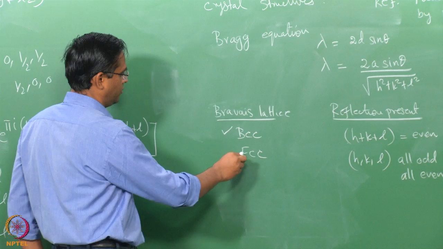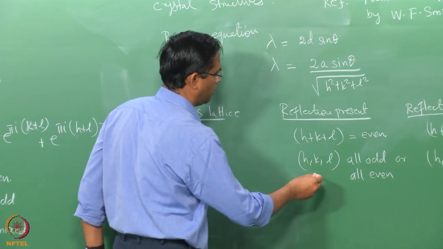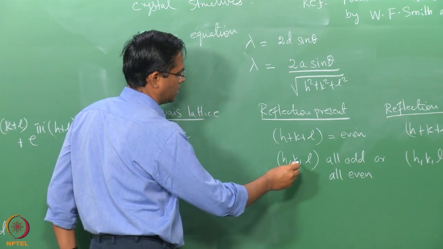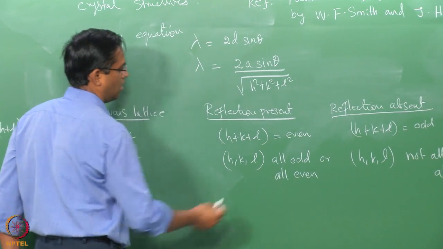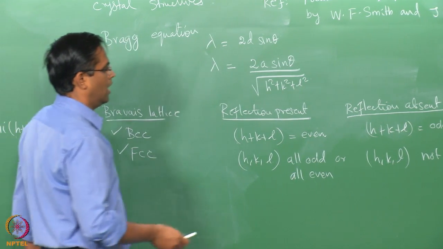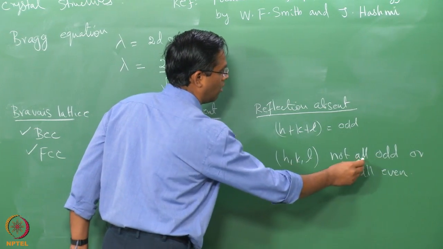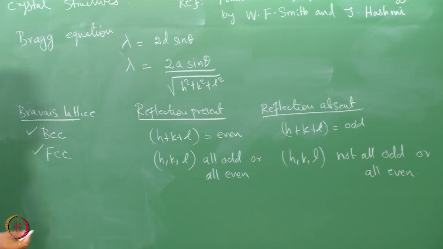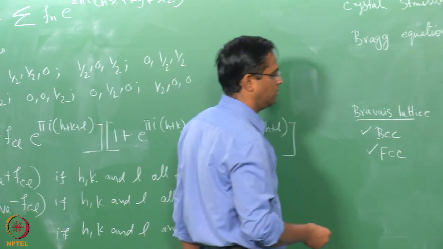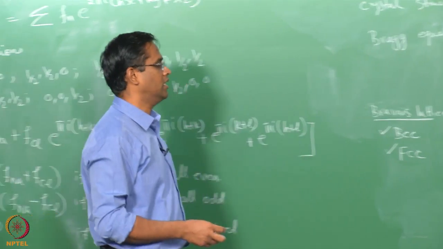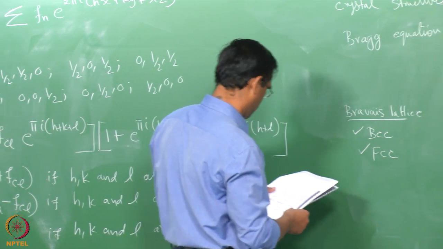In the case of FCC Bravais lattice, the reflection is possible where h, k and l are all odd or all even, and the reflection will be absent if h, k, l are not all odd or all even. So, using these rules, we can tabulate some of the specific Miller indices, so that we can interpret them easily.